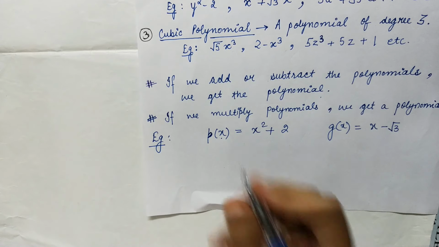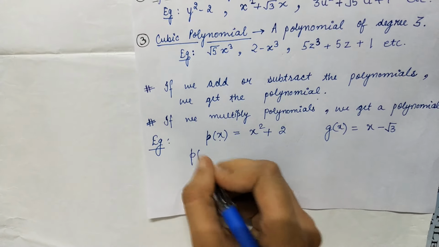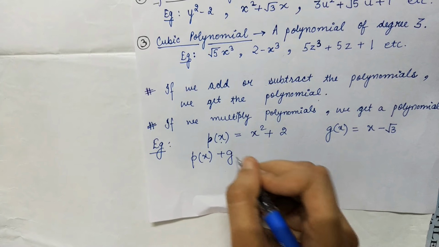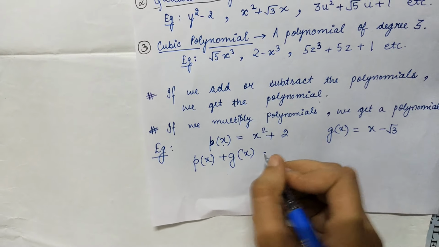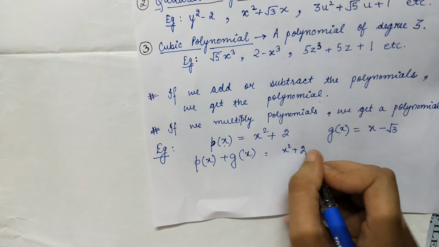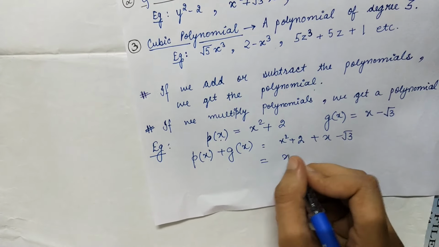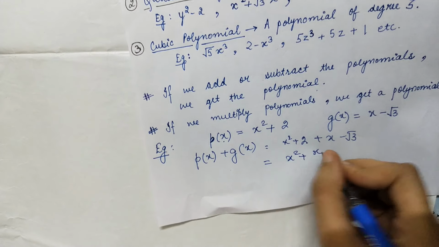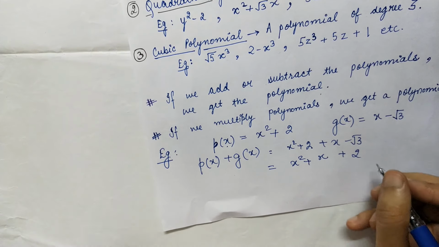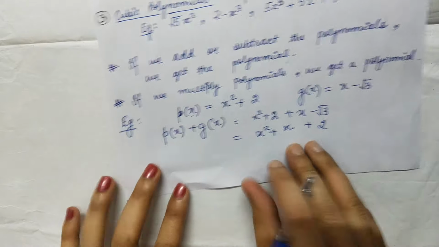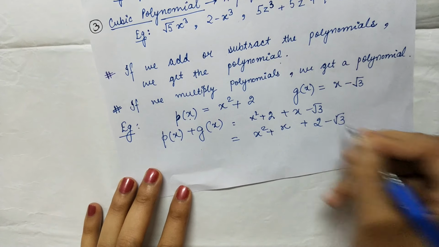When we add them, x square plus 2 and x minus root 3, we get x square plus x plus 2 minus root 3.